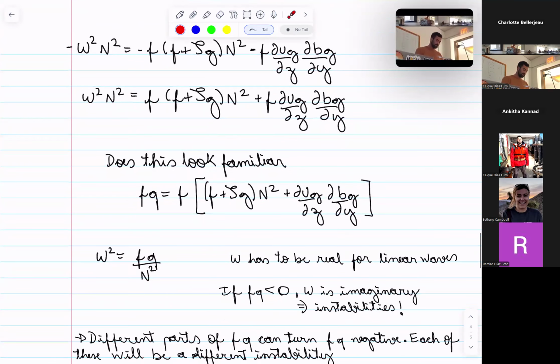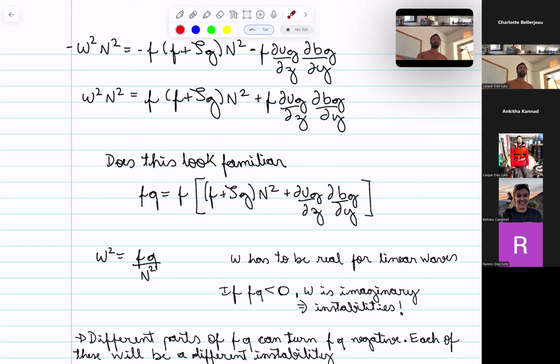And then it turns out that your dispersion relationship for these waves is going to be omega squared equals FQ over N squared. And omega is going to be real and it's going to have linear waves only if your FQ is positive. If your FQ is negative, then your omega is imaginary. You're going to have instabilities.